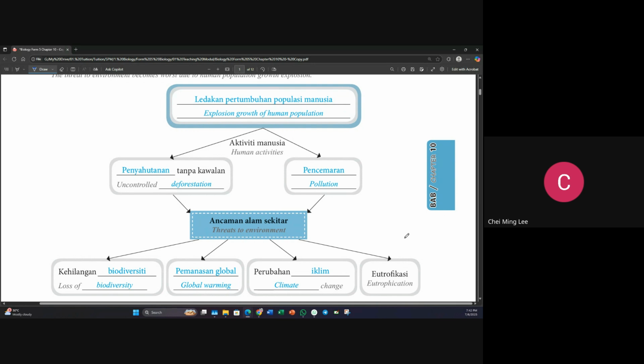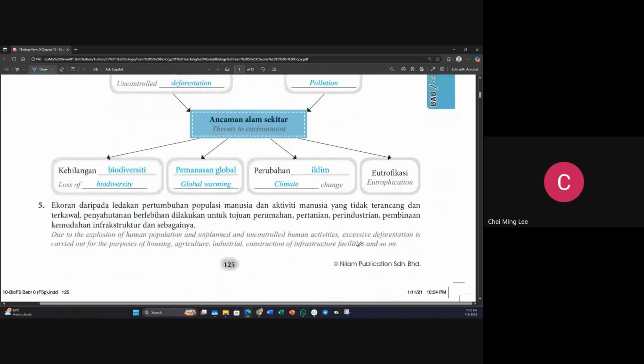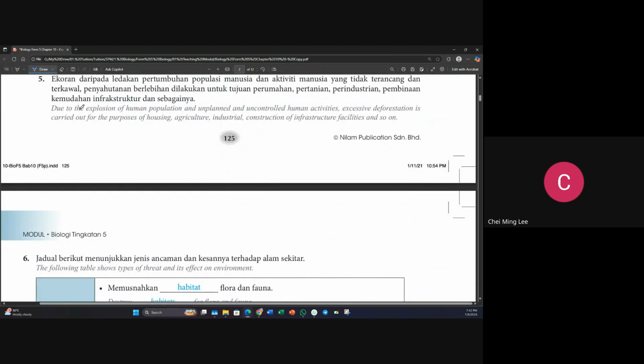Now, due to the explosion of the human population and unplanned and uncontrolled human activities, excessive deforestation is carried out. Why do we do excessive deforestation? Because we need the land. We need the land for housing, agriculture, industry, and construction of infrastructure facilities.